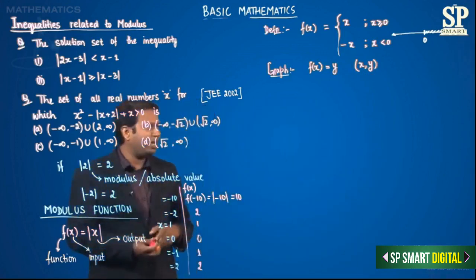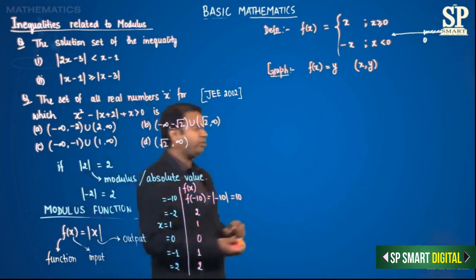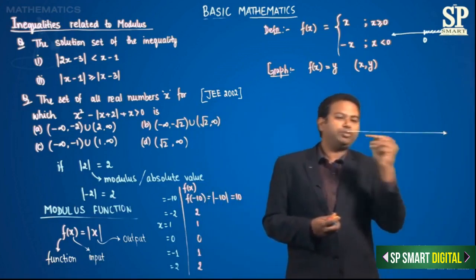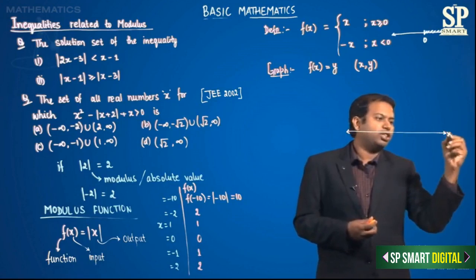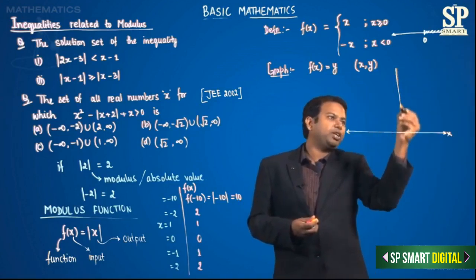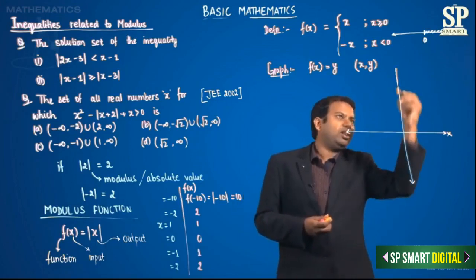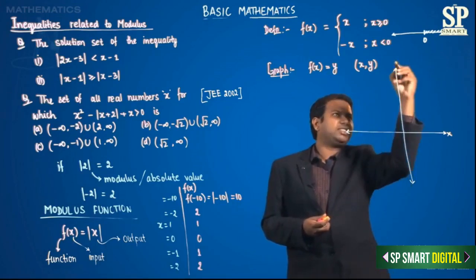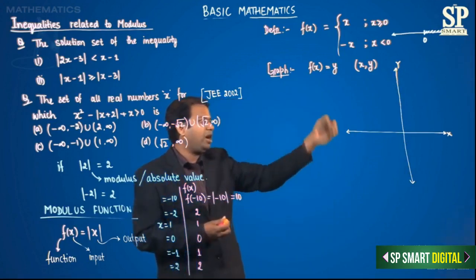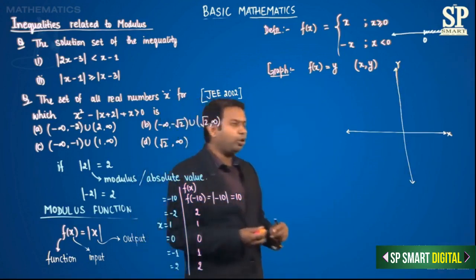For this, you understand that we have to take a 2D graph. Let this be the x-axis. On this line, we'll be taking the values of x, and on this line which is perpendicular to the x-axis, we have a y-axis where we will be taking down the output of this function.